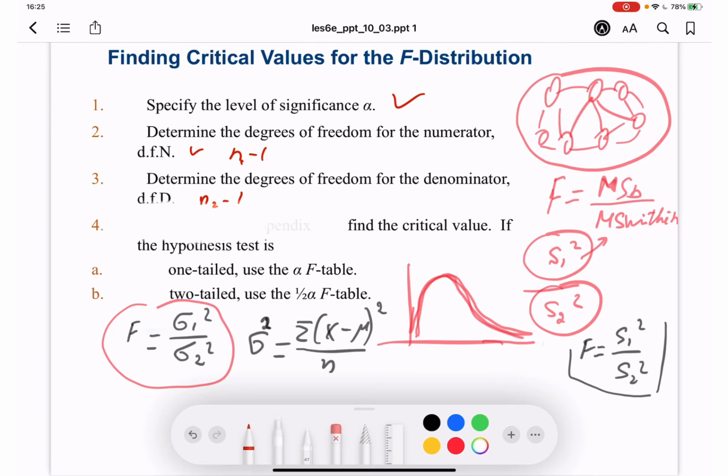So find the critical value. If the hypothesis test is one tail, then we use alpha from the F table. If we have two tails, then we are using alpha half from the F table.